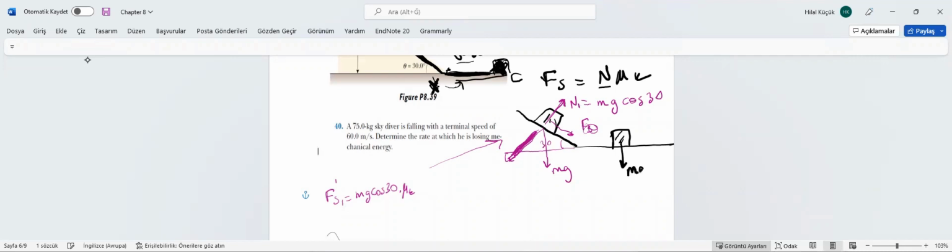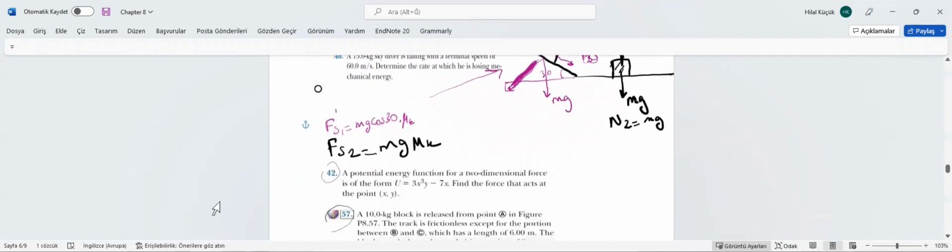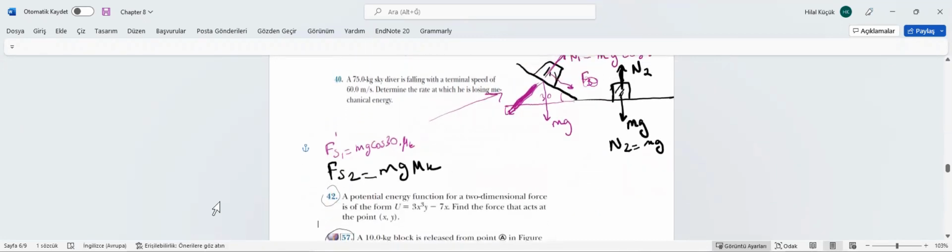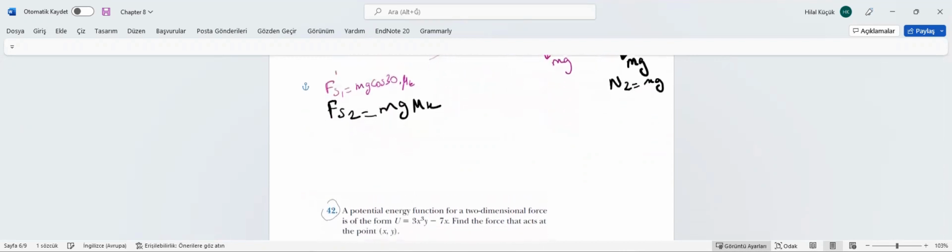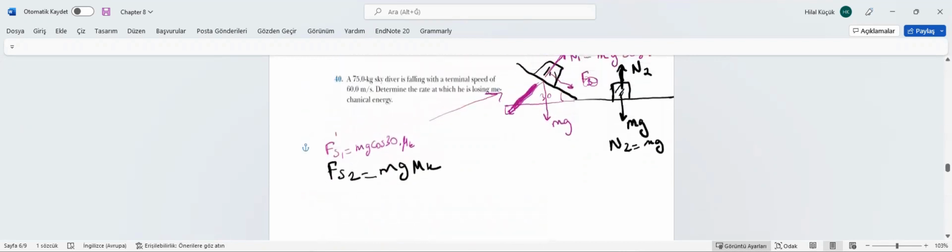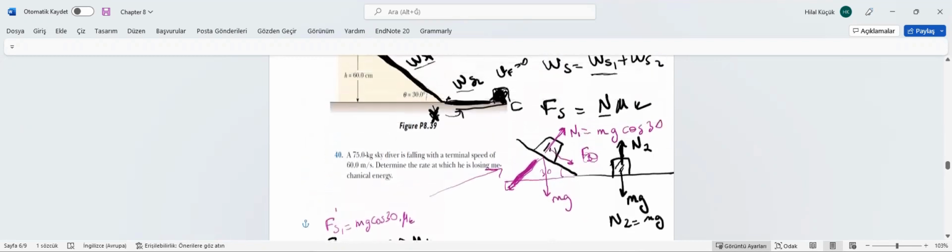I know this is mg, and my N will equal mg because of Newton. Say this is N2, and N2 will be mg. Can I write Fs2? Of course, Fs2 is mg mu k. You can see the platform is different. We already solved similar questions. Okay, now I think we can calculate all of them.